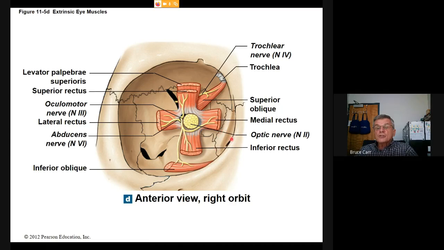We're seeing parts of the sphenoid and parts of the lacrimal bone. But down here at the back is a hole where the optic nerve, the nerves from the retinal cells themselves, go out. And all around that, here's the superior and inferior rectus muscle attachment. Here's the lateral and medial rectus.